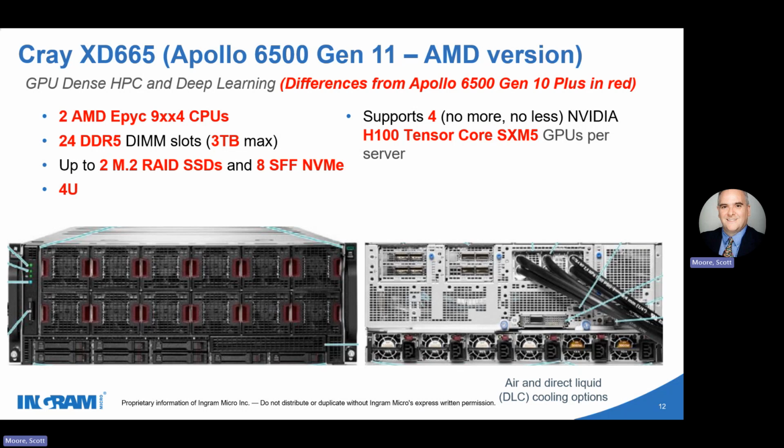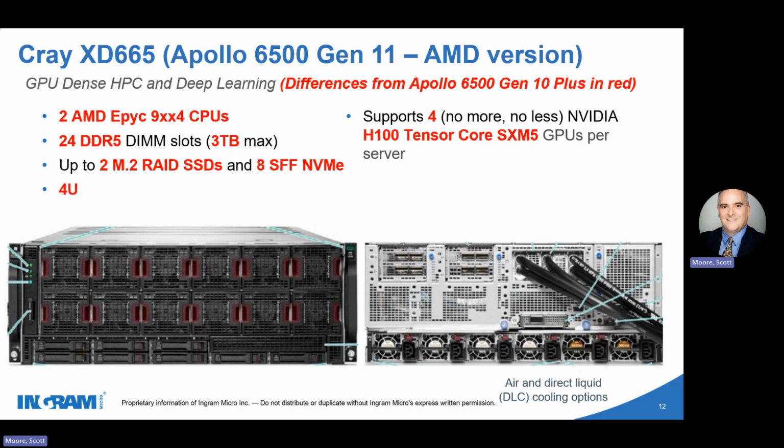The SXM5 interface is built specifically for high performance among GPUs. So when you see the SXM5 interface listed for the NVIDIA cards, you're essentially going with the ultra fast interconnectivity interface that is used specifically for high GPU performance.